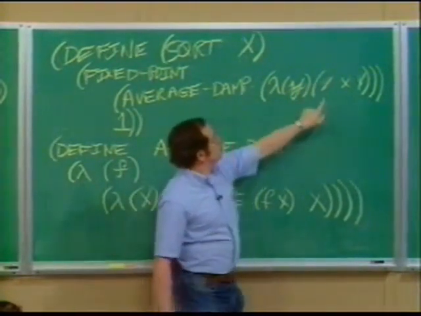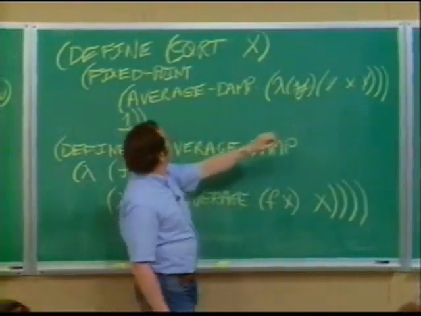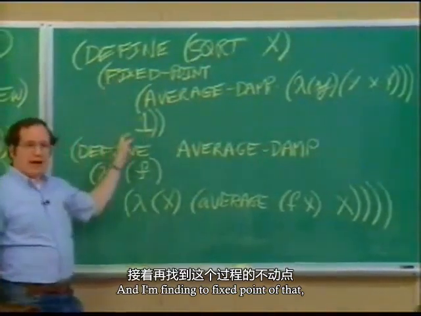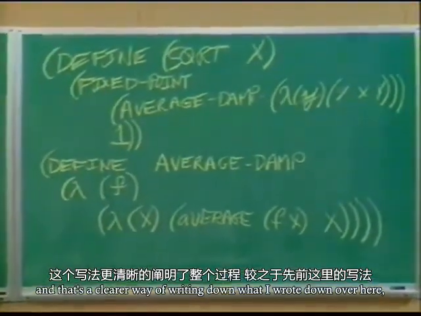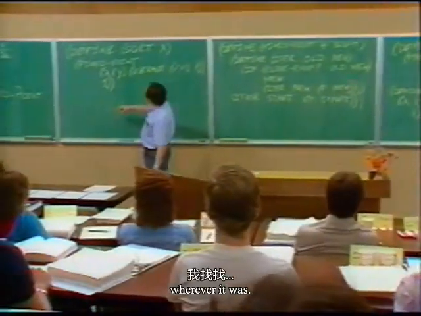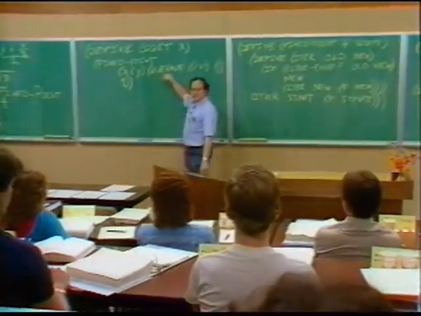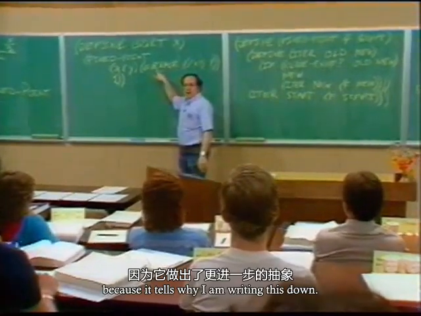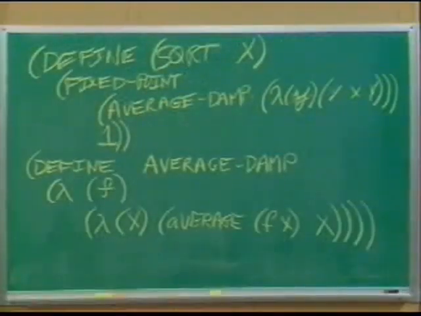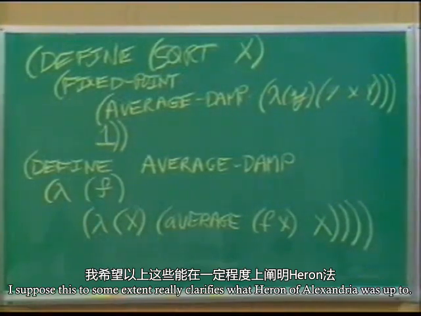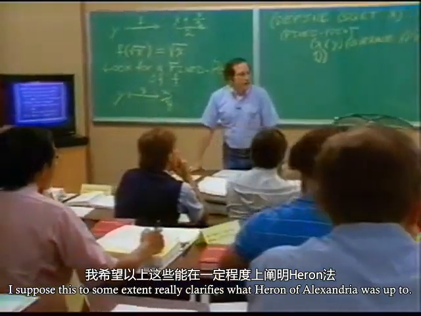It's a division. Okay. And I'm finding the fixed point of that, and that's a clearer way of writing down what I wrote down over here, because it tells why I'm writing this down. I suppose this, to some extent, really clarifies what Hero of Alexandria was up to.